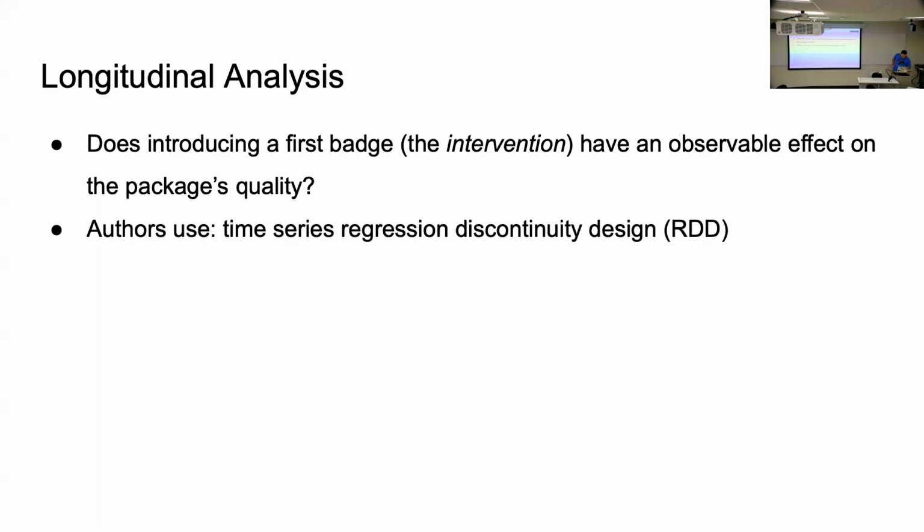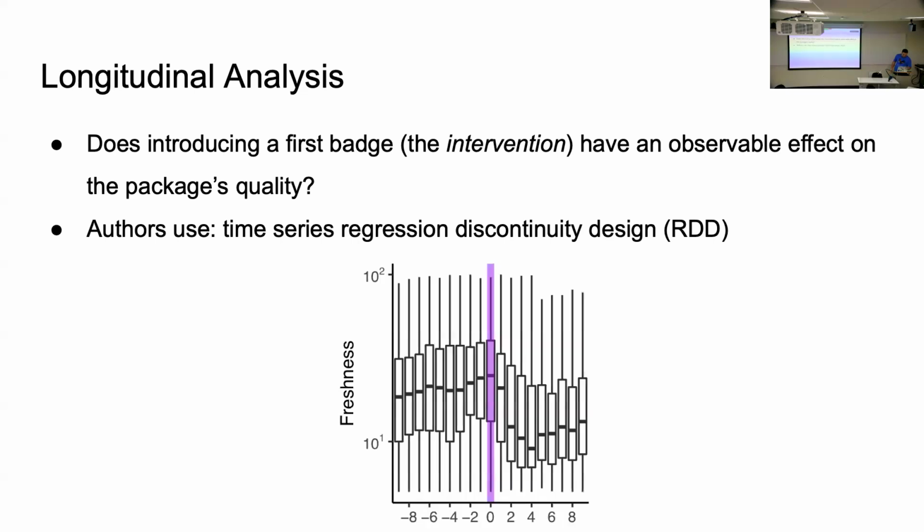All right. So the authors use time series regression discontinuity design. So this is basically a time series, in the flavor that we talked about last Thursday. And to give you a rough idea about what this looks like, they basically took 18 months of data. So you have this purple bar, which is the intervention.